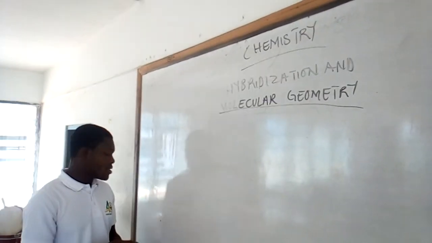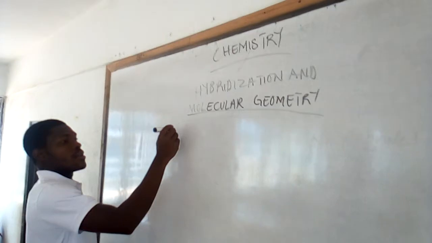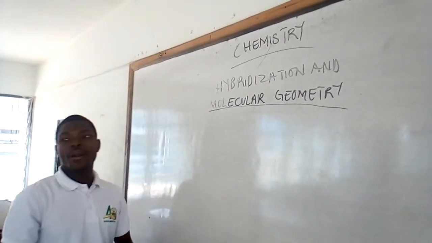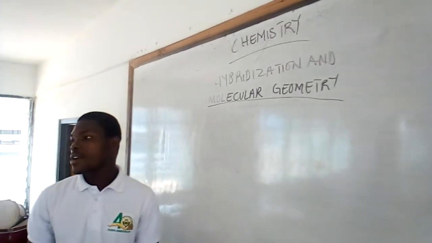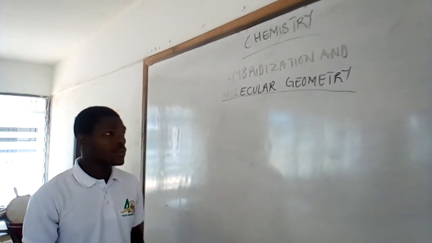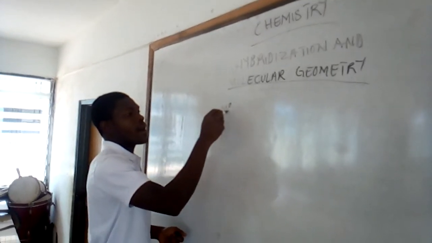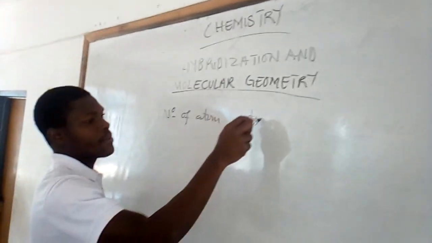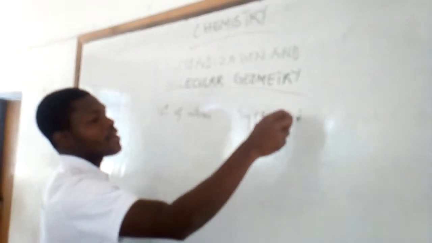In hybridization, we consider the number of atoms bonding to the central atom and the electron pairs. So here, the number of atoms and the type of hybridization.